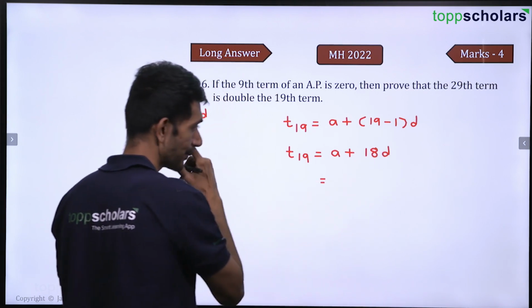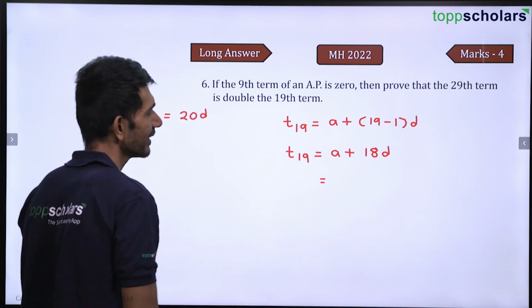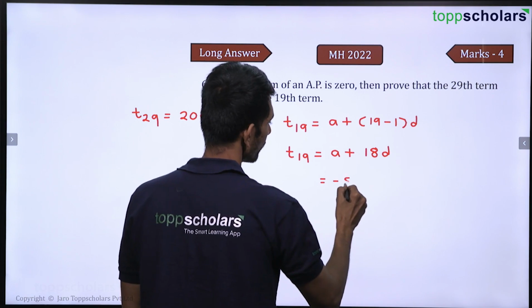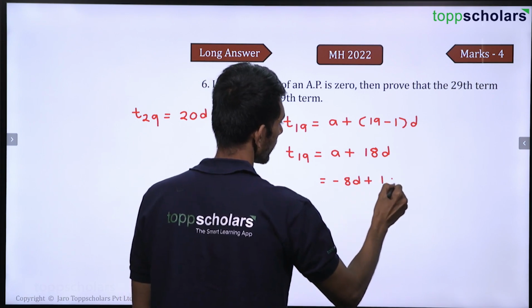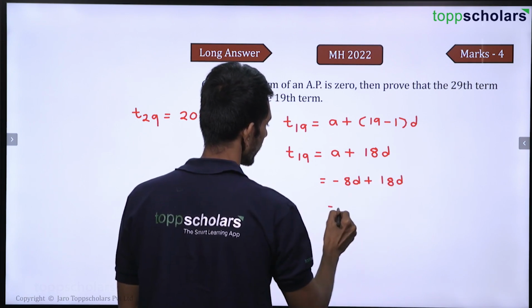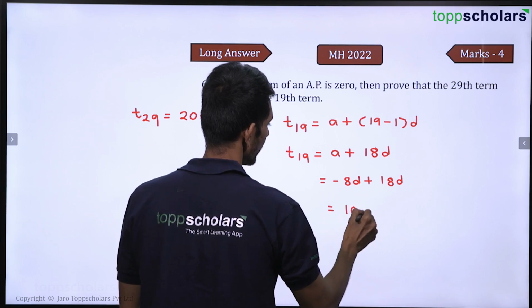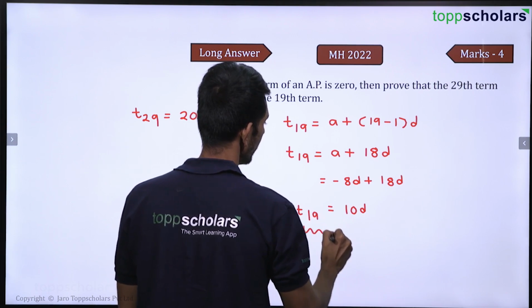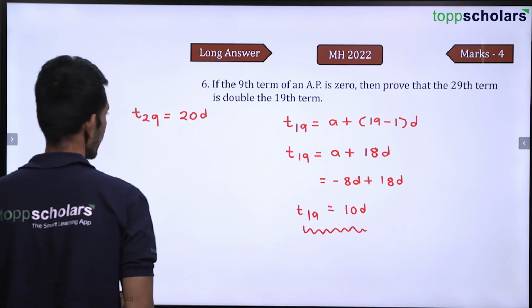But tell me one thing. What is A? If you see the previous slide, A is minus 8D. This is minus 8D plus 18D. That is 10D. So can I say T19 is 10D?